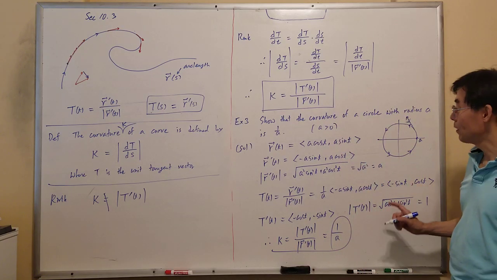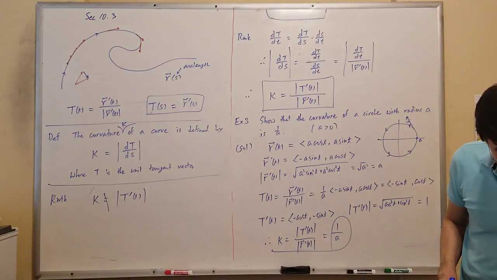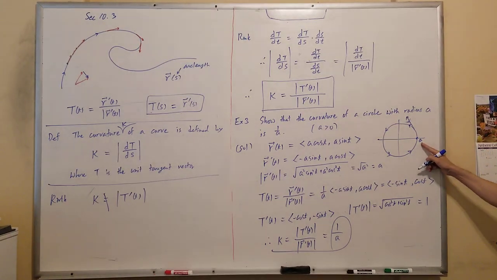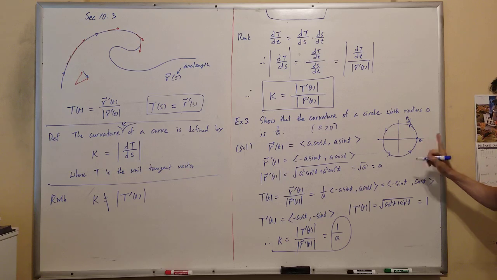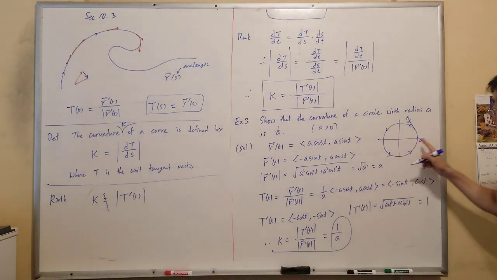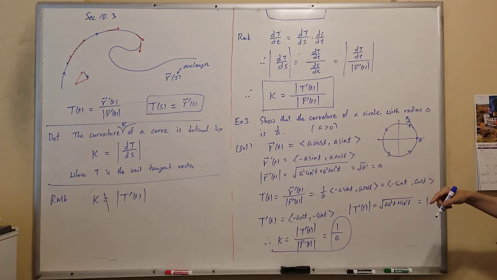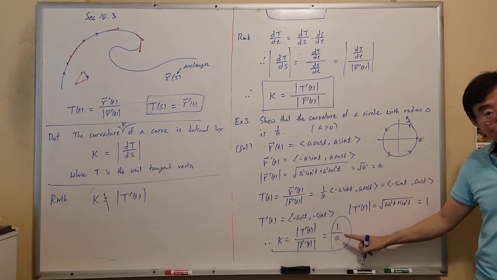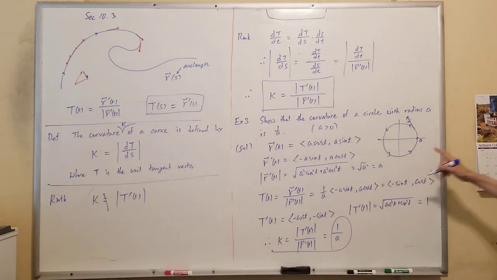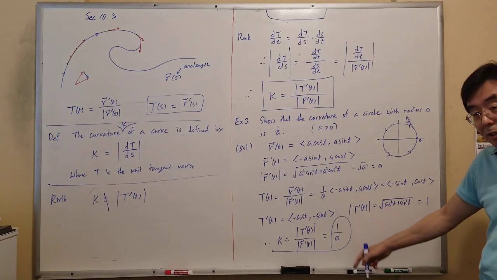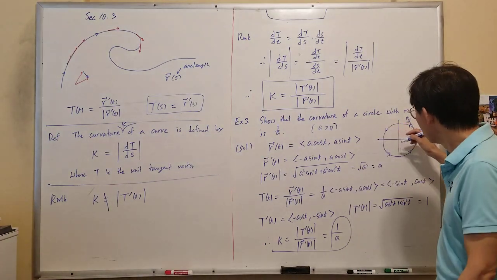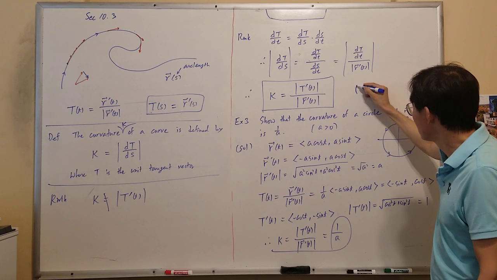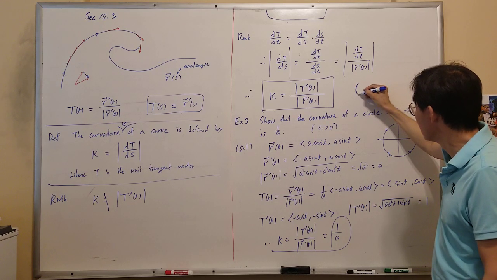This gives us a very important meaning. When you have a circle of radius a, your curvature is 1 over a everywhere, constant, right? If the radius is 2, curvature is 1/2. If the radius is 10, curvature is 1/10. But think about it. If you take a piece of a circle with radius 1, it's like this.